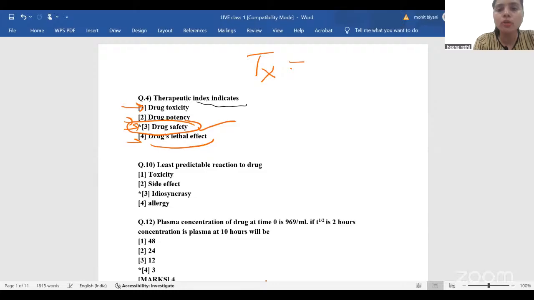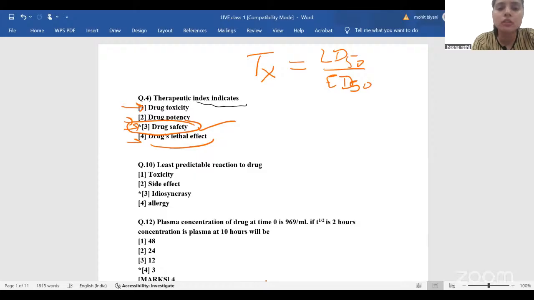The formula for the therapeutic index is LD50 by ED50. In that, LD is the lethal dose. Lethal dose means the dose which is required to kill 50% of the population.